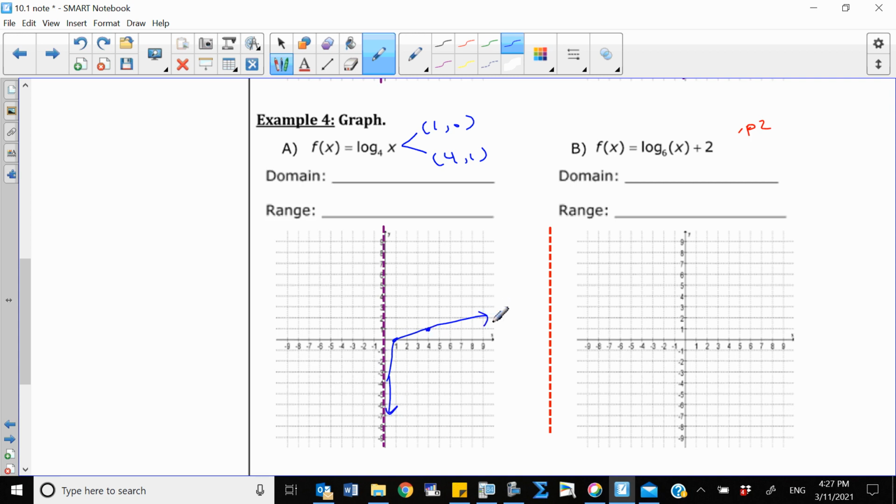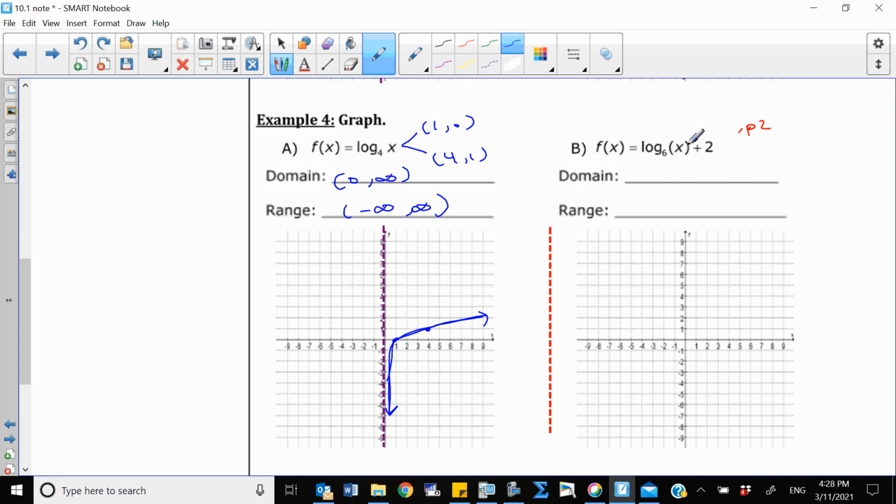Okay, so this is our function. It's a curve, it's not a straight line. I tried my best to draw the curve here. Now the domain again will be 0 to infinity, because left to the right starts from after the asymptote, and range is from negative infinity to infinity.